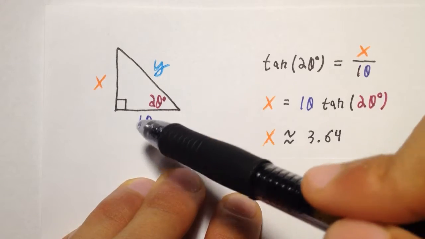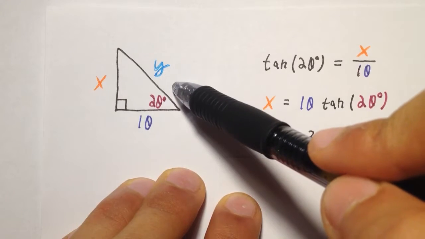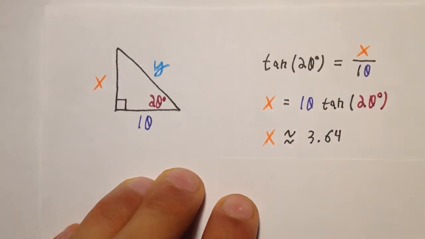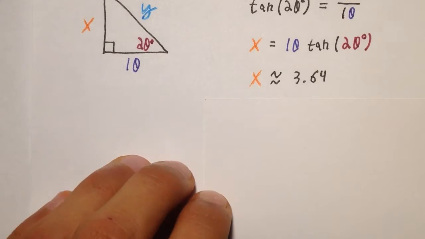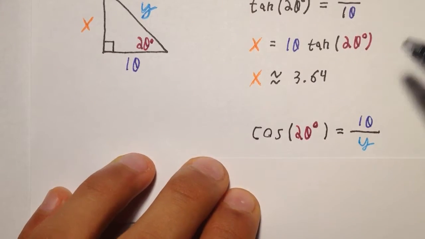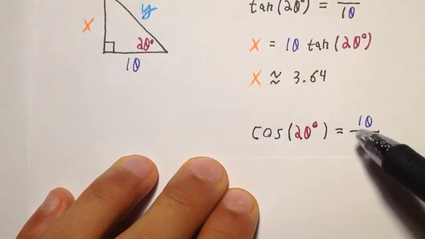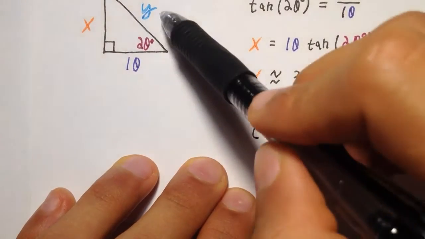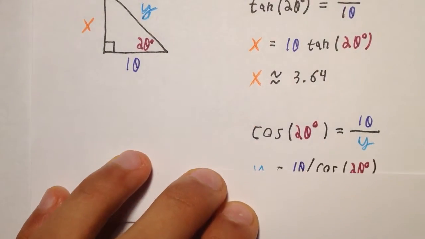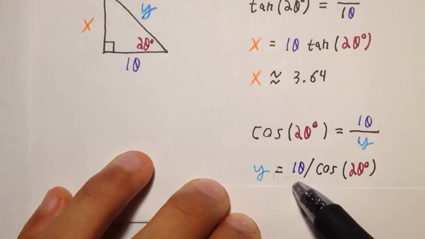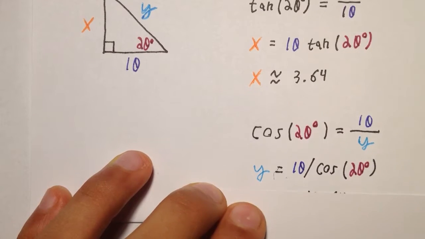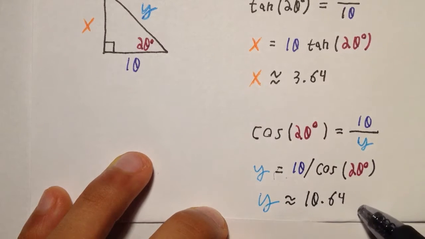Well, ask yourself, what's adjacent over hypotenuse? That sounds a lot like cosine. So I can also solve for y as cosine of 20 degrees is my adjacent over the hypotenuse. Rearrange algebraically like I did above, y is equal to 10 over cosine 20, and I should get about 10.64.